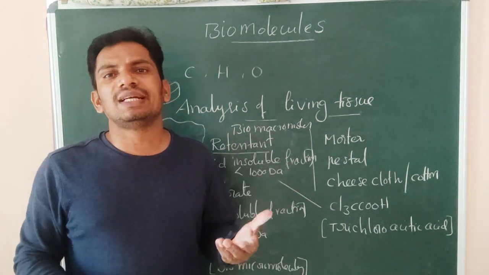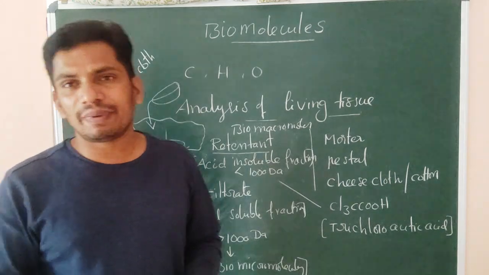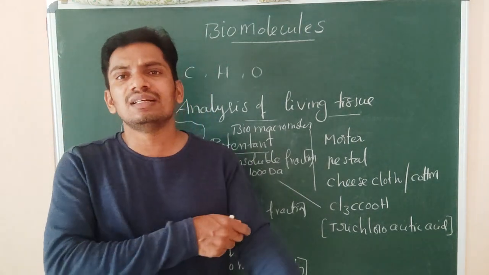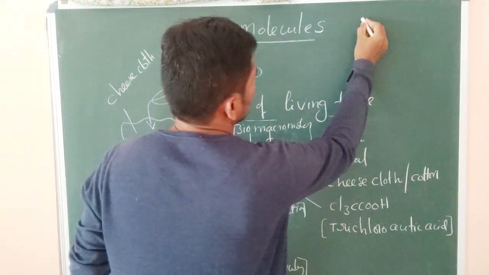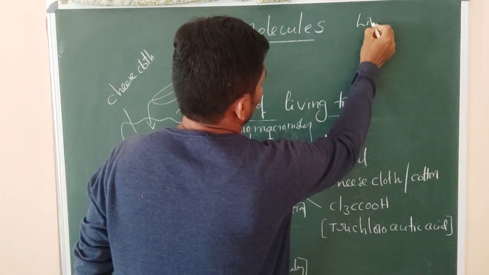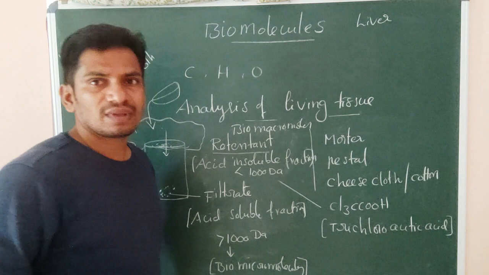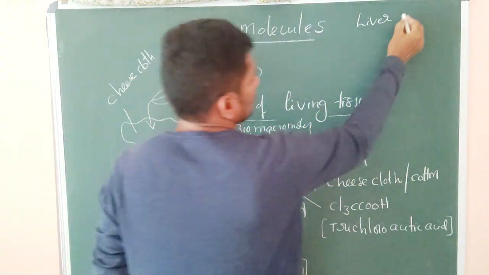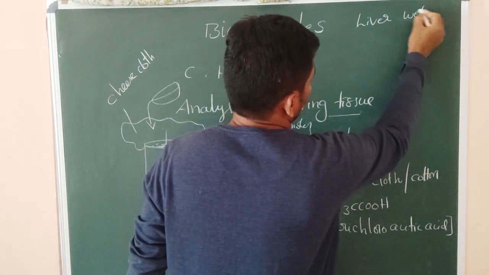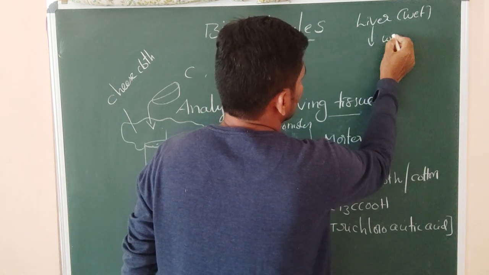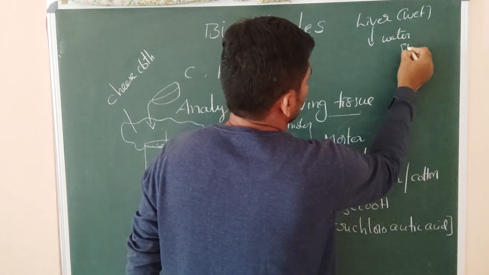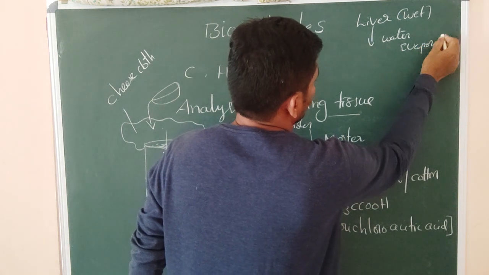Then how can you obtain the inorganic components and inorganic elements? For that we have to take the dry weight. First you take, for example, animal tissue like liver, that is the wet weight. That should be dried, meaning the water should evaporate.